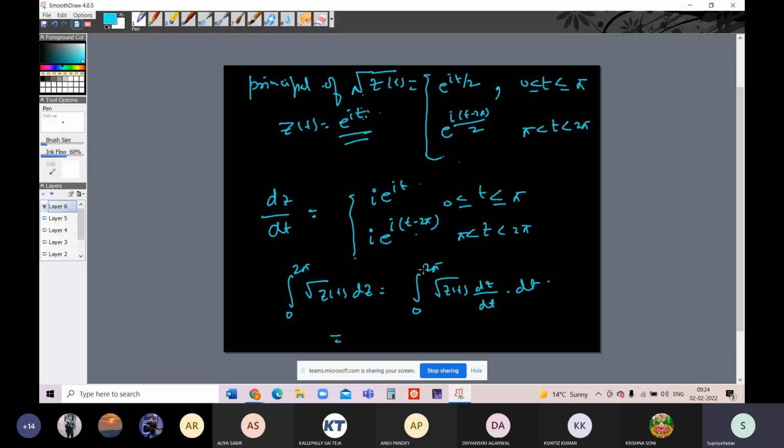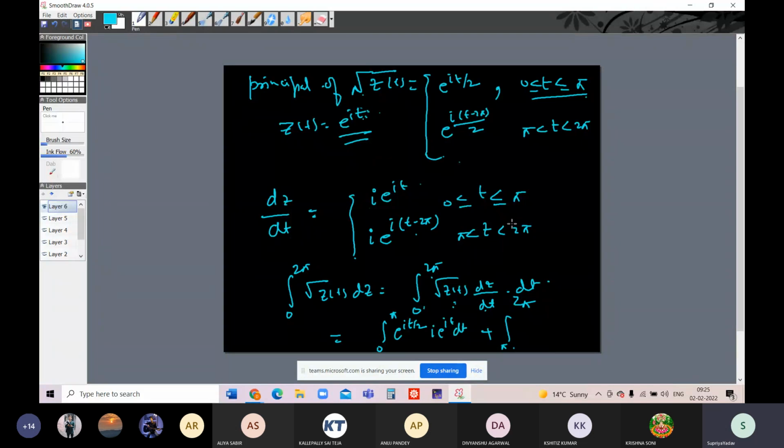We will split the whole interval of integration first from 0 to pi, then pi to 2 pi. Now substituting the value of square root of z, when t lies from 0 to pi, it will be e to power it by 2, and dz by dt will be i into e^(it) dt.